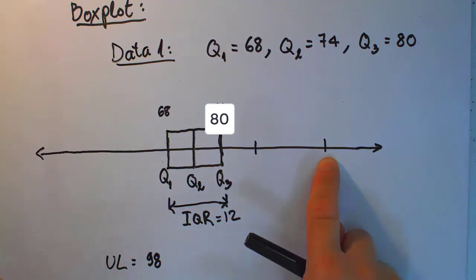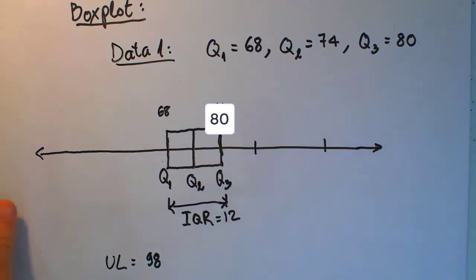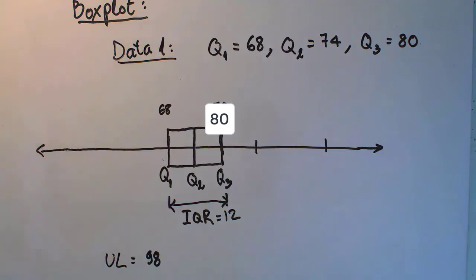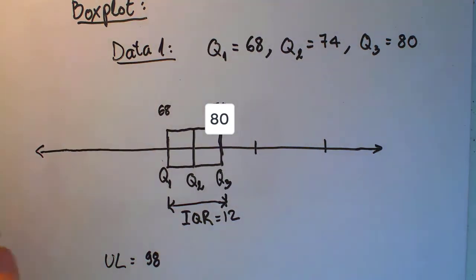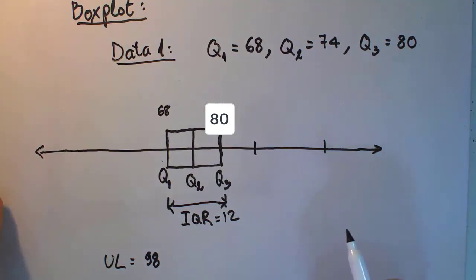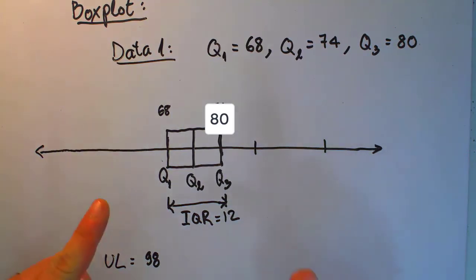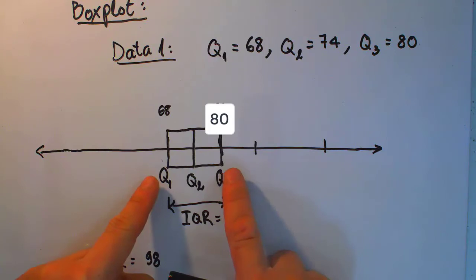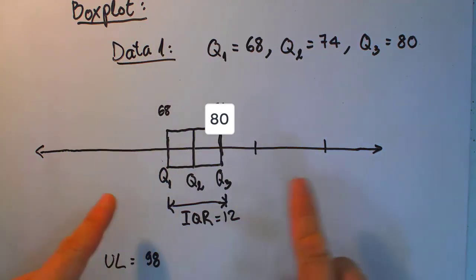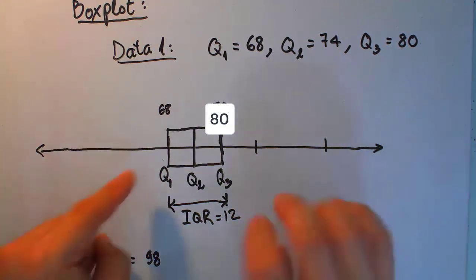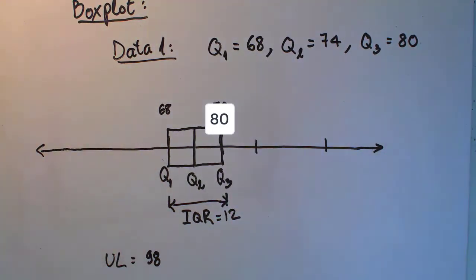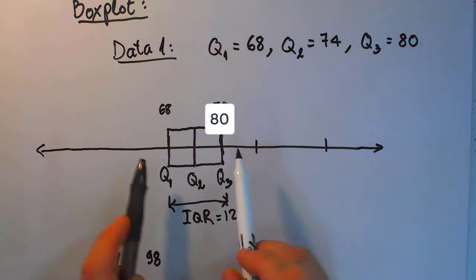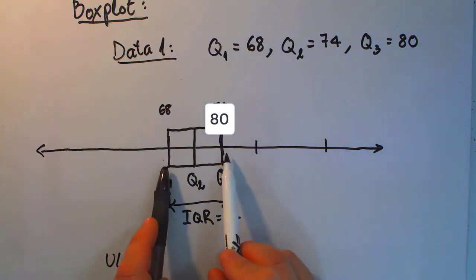So how do I know to be precise? Now we don't need to be as precise as a computer is. However, there's a certain way you can check for your own consistency, and that's why it's extremely important that once you define your own box length, which is as long as the IQR, I am going to fix my box length.